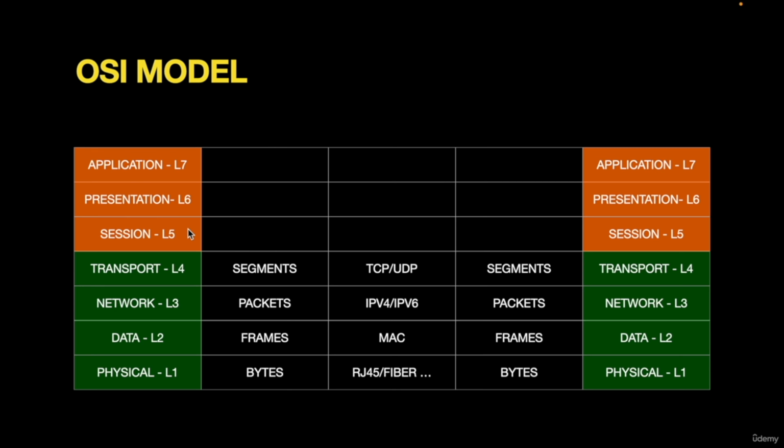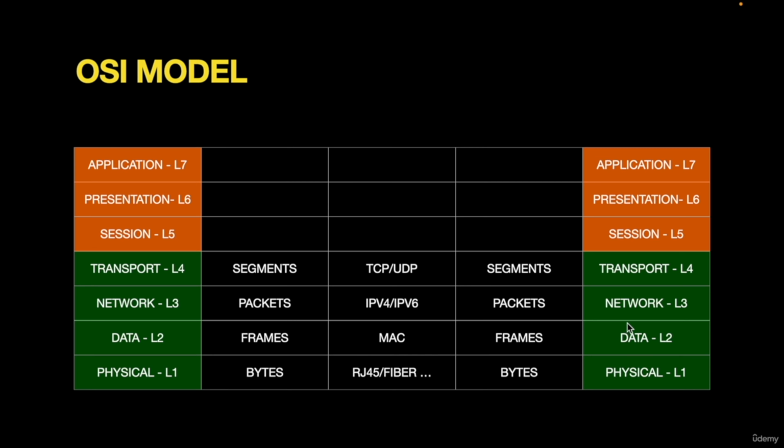When it reaches the session layer, the size of the data will decrease, and when it reaches the transport layer, the size of the data will decrease, and so on. But when the data is received here, it will enter at the physical layer.